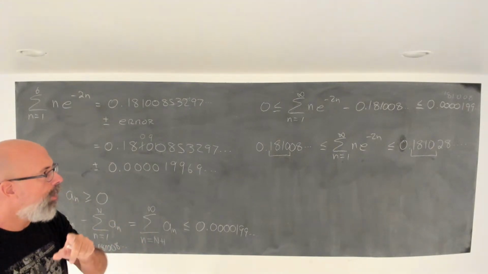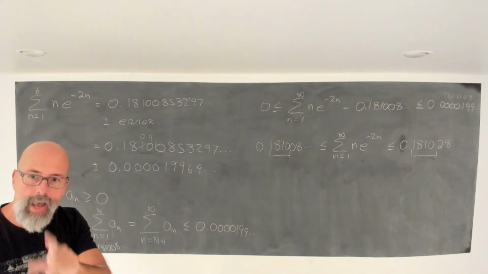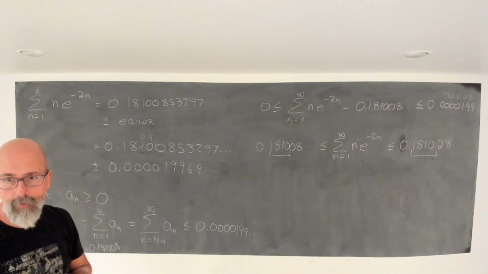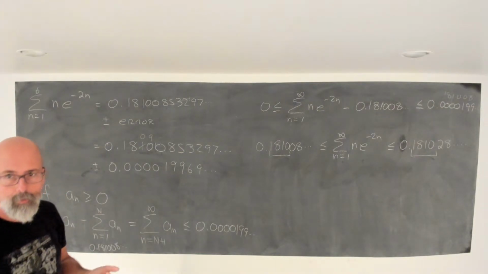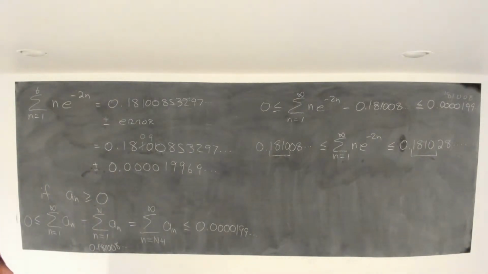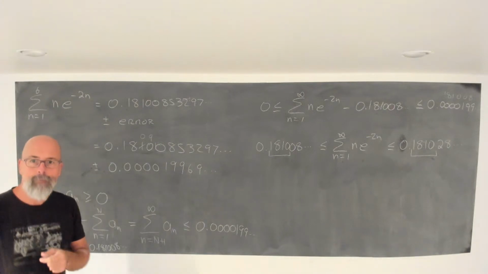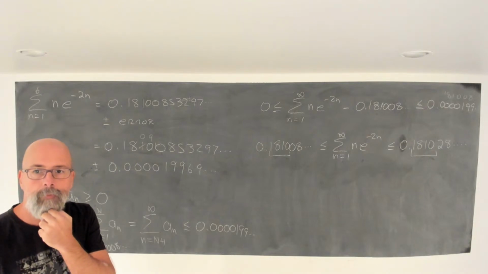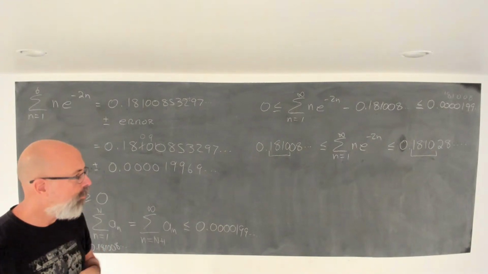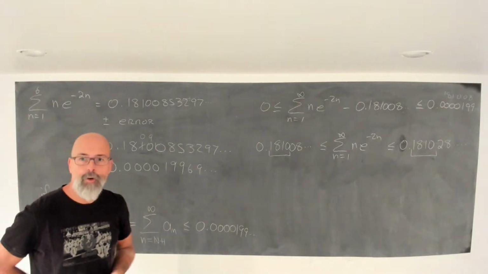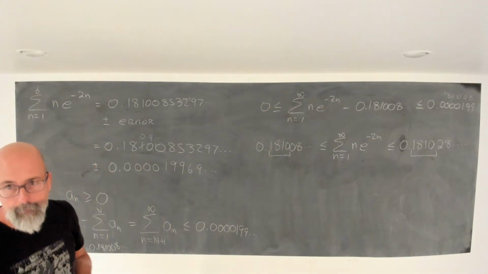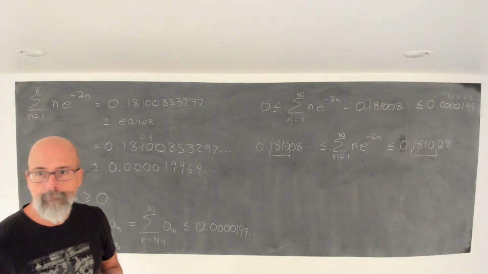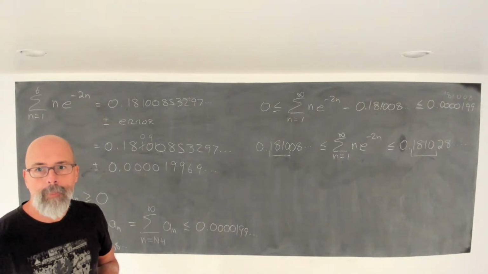But first of all, how do you know that adding the first 20 will give you an error less than 0.00005? You don't know that. This is very dependent on the actual function. Gabriel suggests you could have used Wolfram Alpha to solve for the inequality. Absolutely. Yeah, that's fine. Exactly. Yeah.